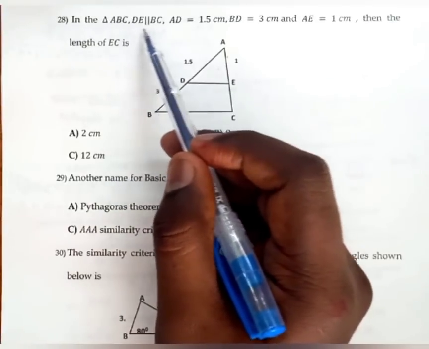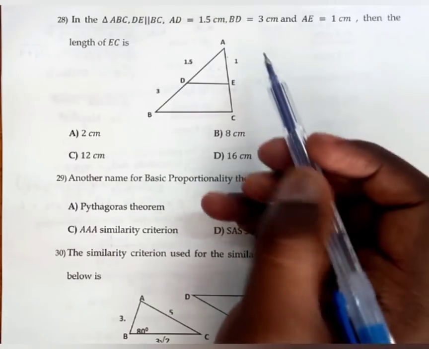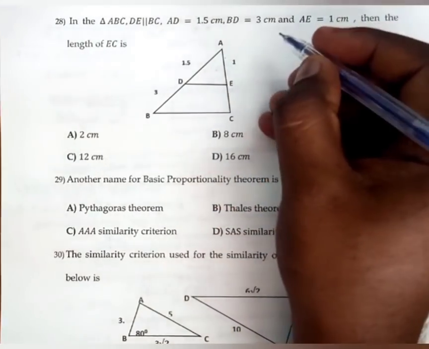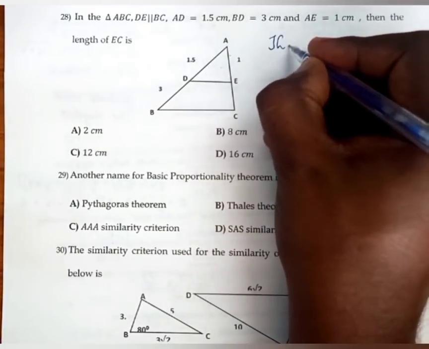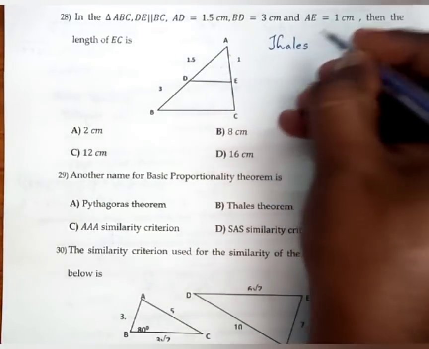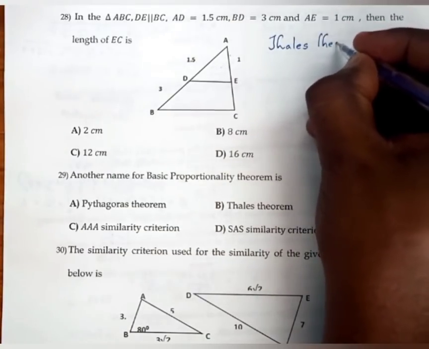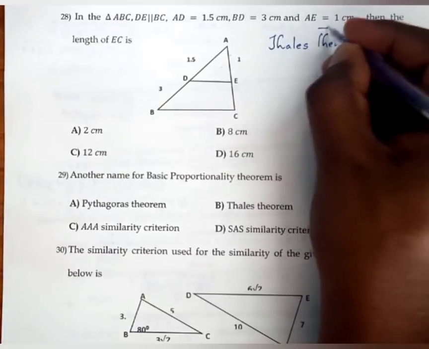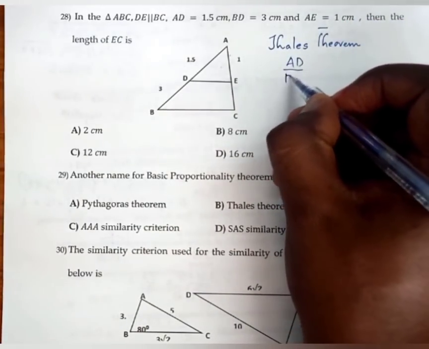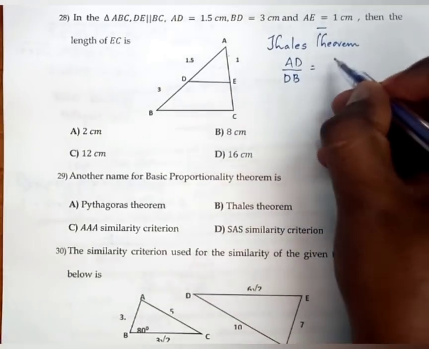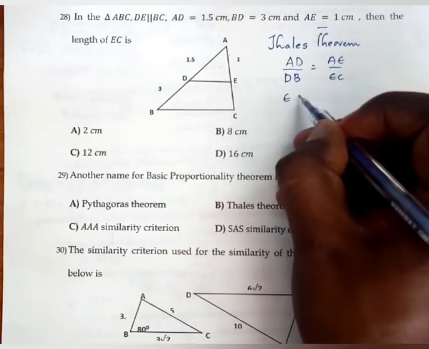Question number 28. In the triangle ABC, DE is parallel to BC, AD equals 1.5, BD equals 3, AE equals 1. Then the value of EC is, by using the concept of Thales theorem, AD by DB equals AE by EC. The divided sides will be in the same proportion. What is AD?